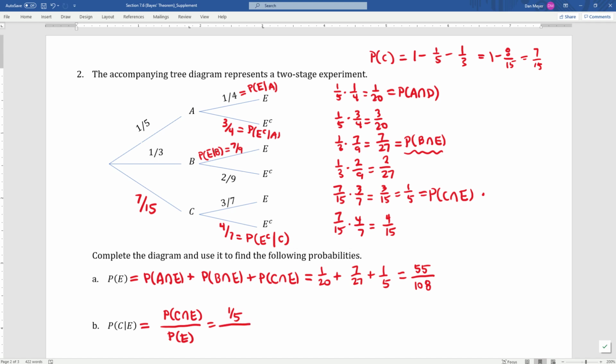And the probability of E is what we just found, 55/108. Using some facts about division of fractions, 1/5 divided by 55/108 is the same thing as 1/5 times the reciprocal of that, 108/55. All right, and then when we multiply these fractions together, you should get 108 divided by 275.